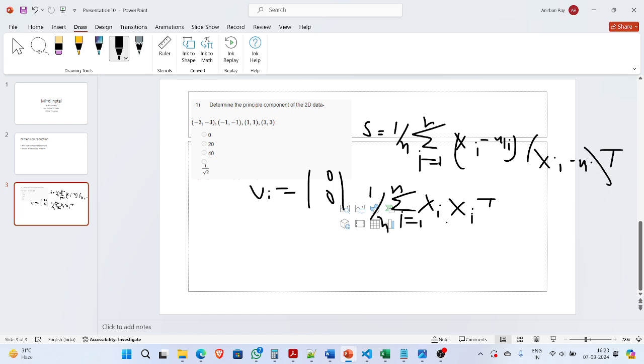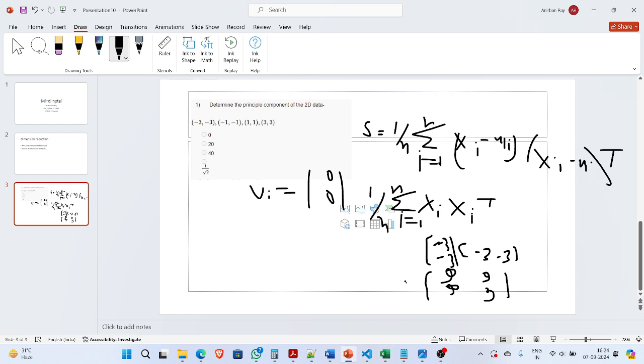And how much is this? If you can see, it will be minus 3, minus 3 times minus 3, minus 3. This is the multiplication, row by column. So what is this? 9, 9 again, this is 9 and 9.